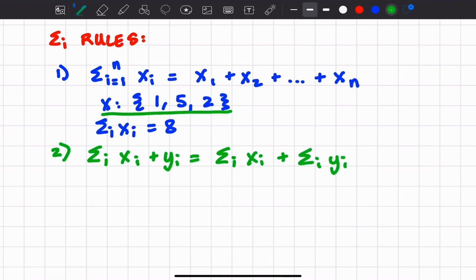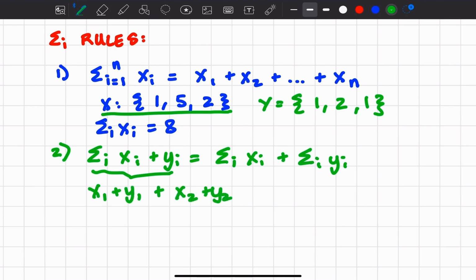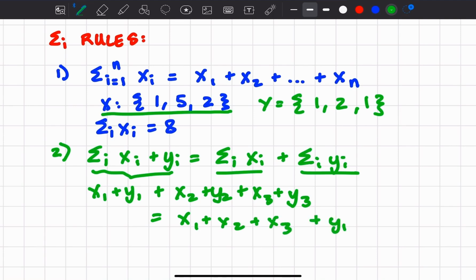So if we have the same sample for x and we have the sample for y, and y is 1, 2, 1, then to calculate the sum over i of xi plus yi, we can go x1 plus y1, x2 plus y2, x3 plus y3, or since you can rearrange stuff under addition, that's also equal to summing up the x's and then summing up the y's. So that's also equal to x1 plus x2 plus x3 plus y1 plus y2 plus y3. Should be obvious that's true.